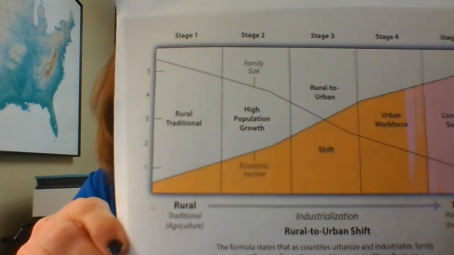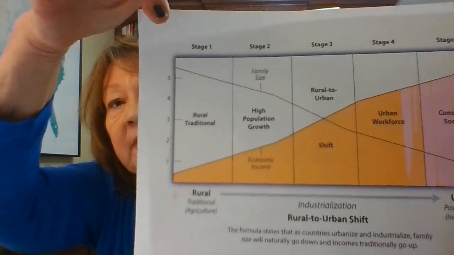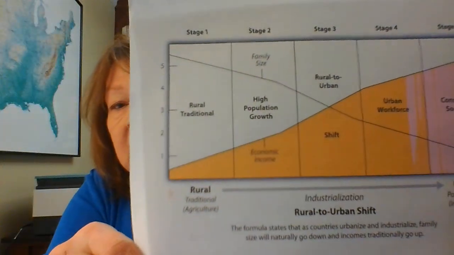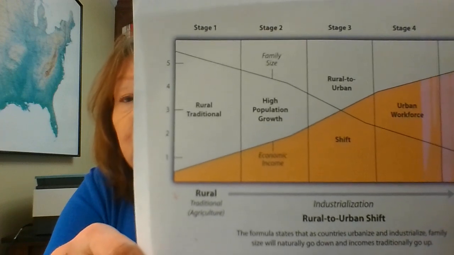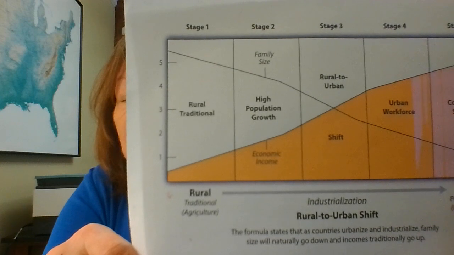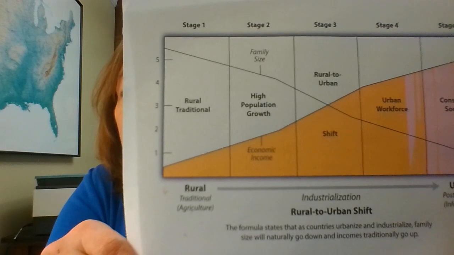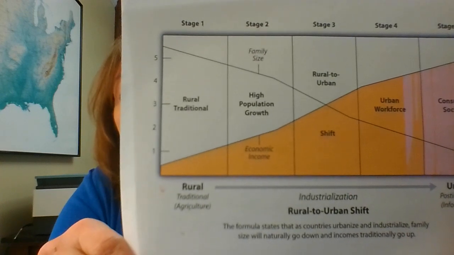So you're going from stage one, where you have a very large traditional family, where everyone is needed to work and to create food for the family. And you see going down to stage two, your family size starts to shrink, but your economic income starts to climb.